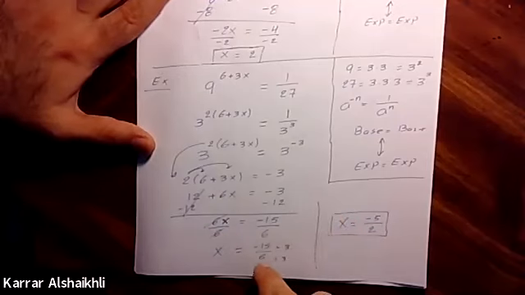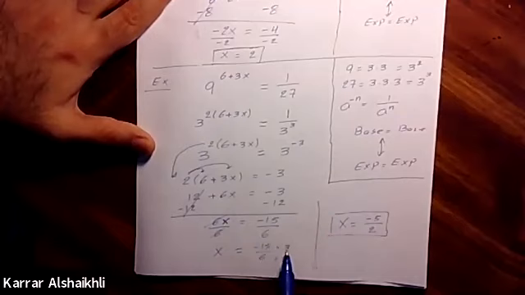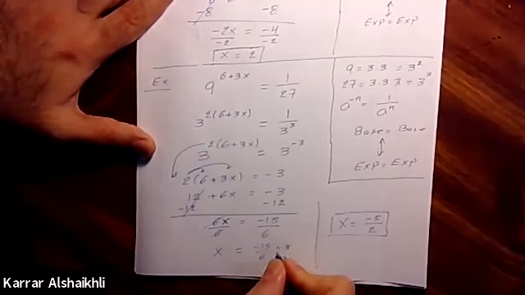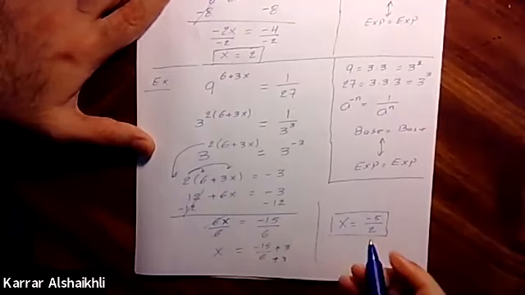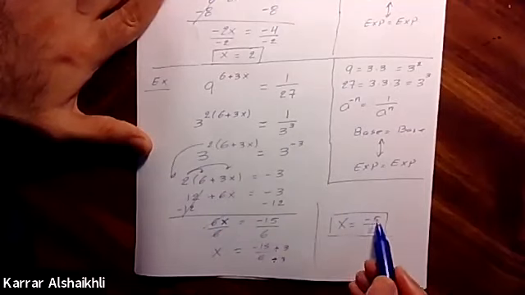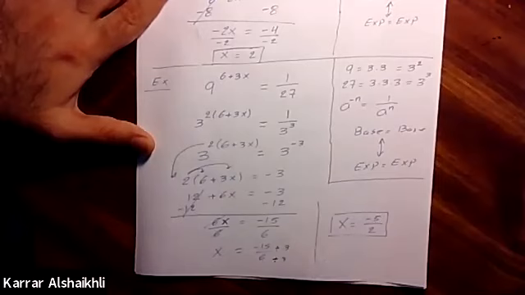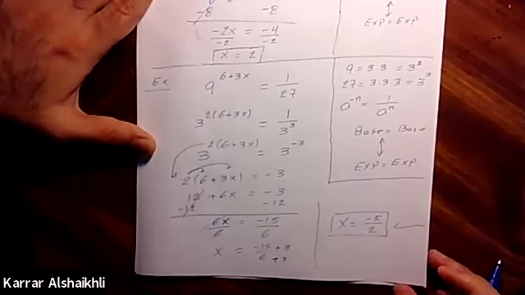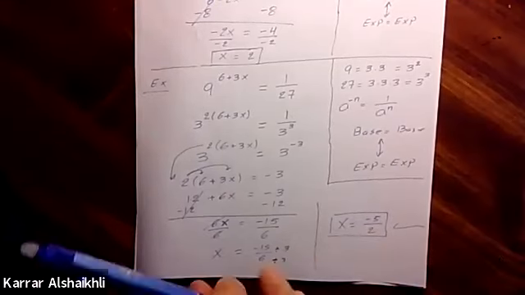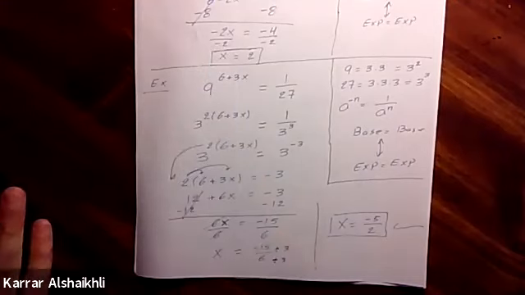Always when you have a solution like a fraction like this one, check if you can simplify it. In this case, we can simplify it by dividing both by 3. So negative 15 divided by 3 is negative 5, and 6 divided by 3 is 2. This is the solution for this exponential equation.